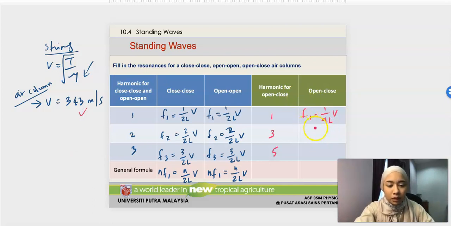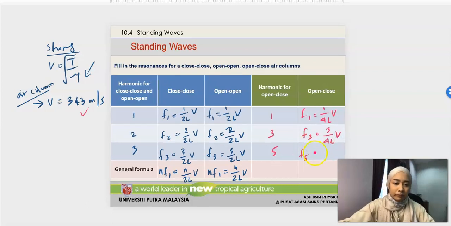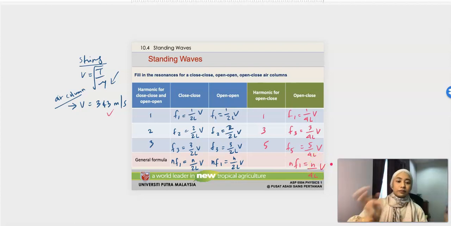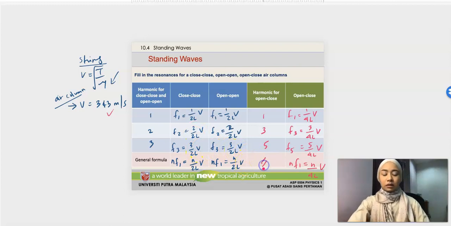And then we have frequency number 3, which is 3 over 4L times v. And for 5, that is 5 over 4L times v. The general equation is n f1, which is n over 4L times v, where v is your 343 meters per second.